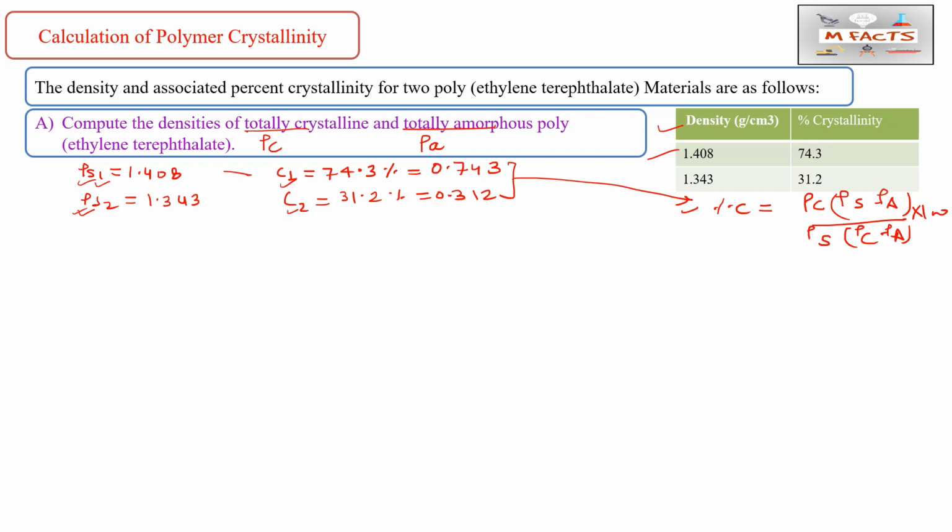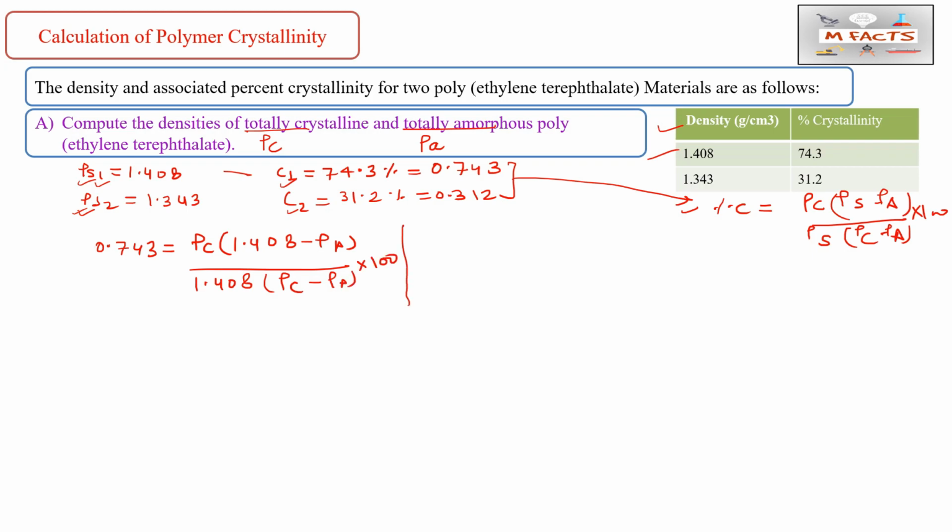I will write the first part here, directly in fractions. So 0.743 is equal to rho C times the bracket of 1.408, which is rho S1, minus rho A, where I know rho S1 but I don't know rho A and rho C, divided by 1.408 times the bracket of rho C minus rho A, multiplied by 100.